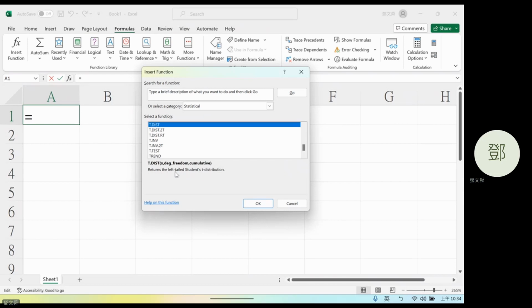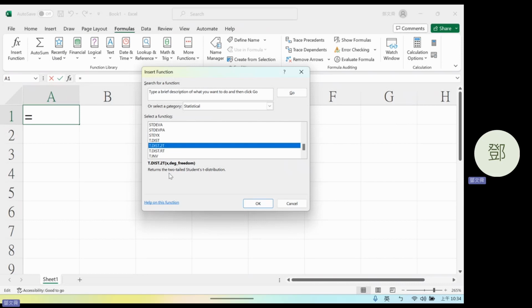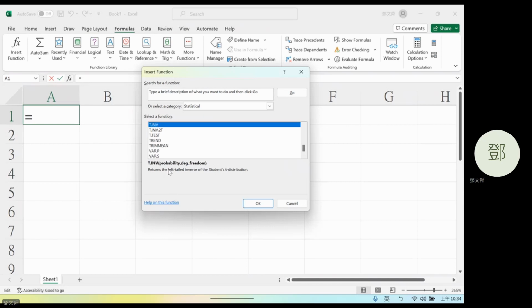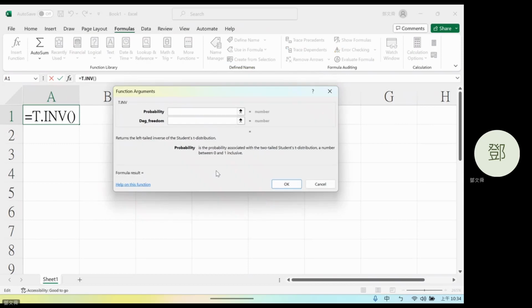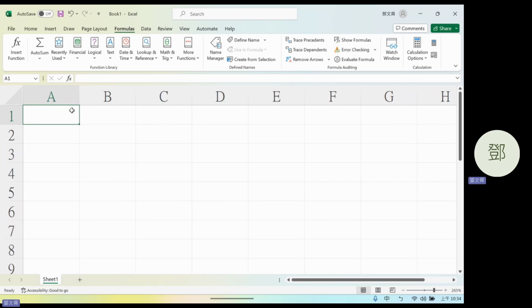Left-tailed Student t distribution, two-tailed Student t, t inverse.